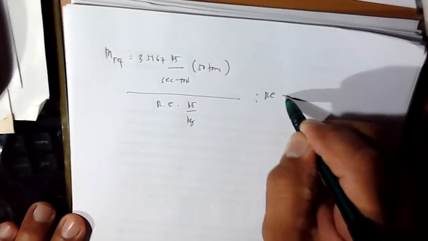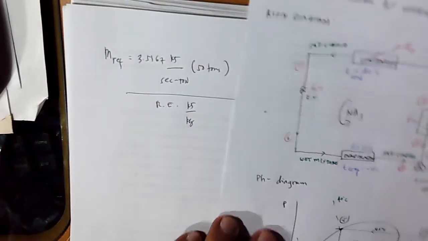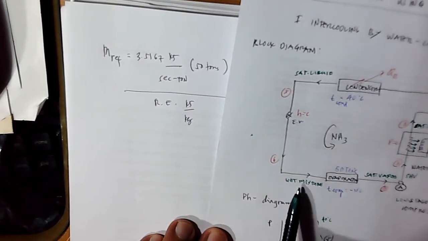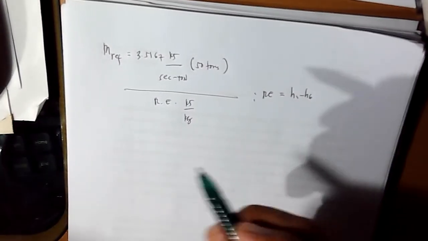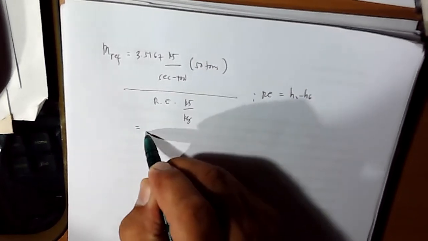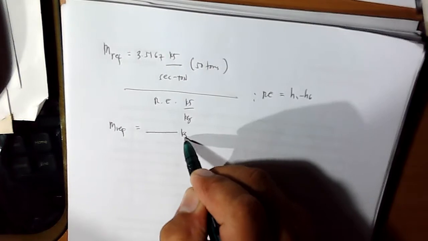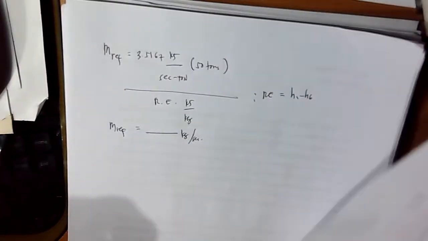Our RE is equal to H1 minus H6, so that we have mass of refrigerant in kilograms per second.